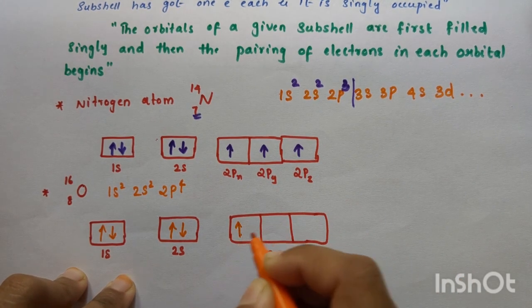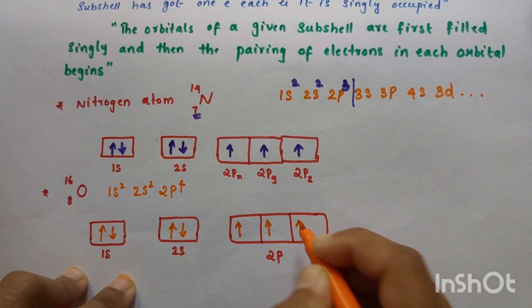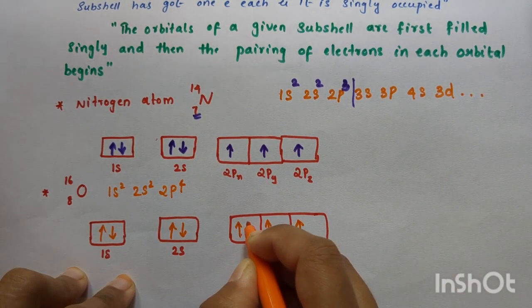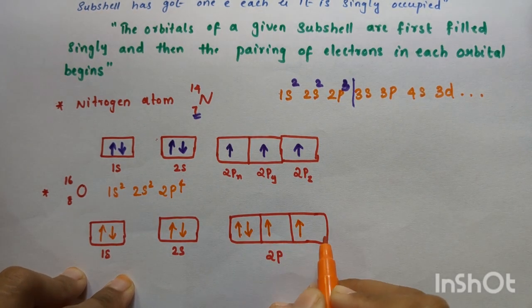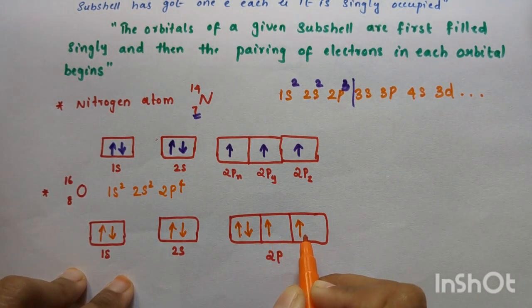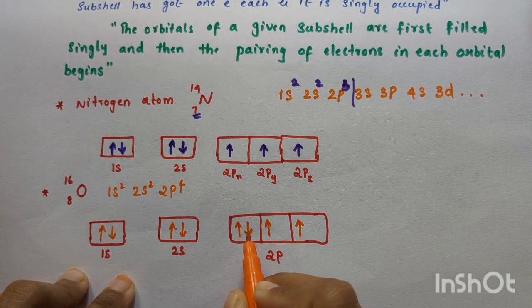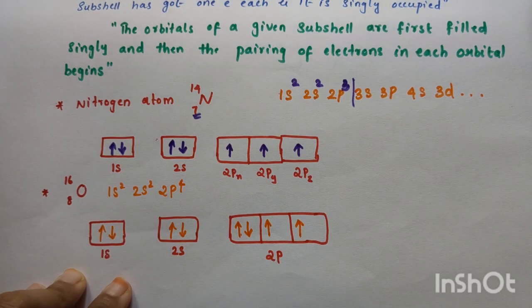So 3 electrons, 1 electron in the px orbital, 1 electron in the py, then 1 electron in the pz. Now we have 1 more electron. So that will occupy the px orbital like this. Okay, once they are singly occupied, they start pairing up. So you see, this is the orbital picture of the oxygen atom.